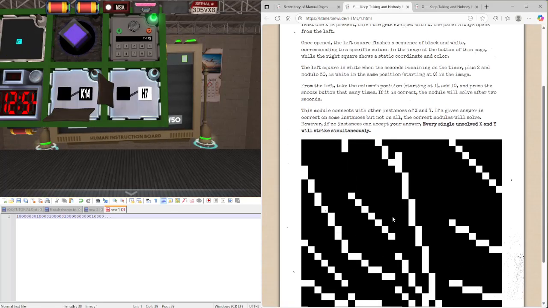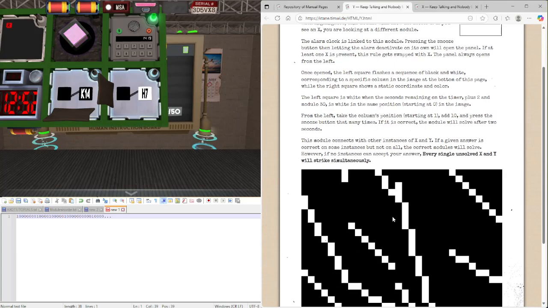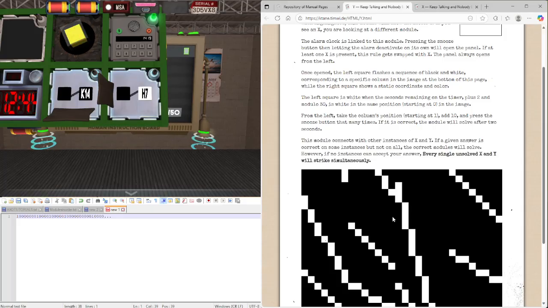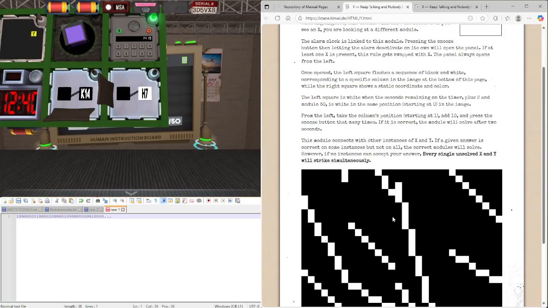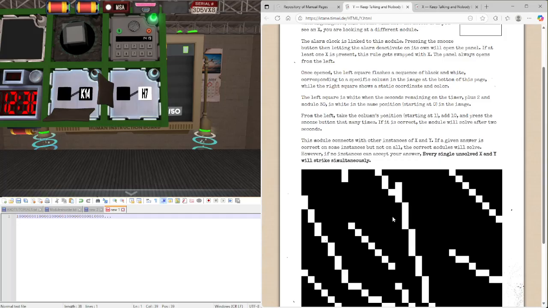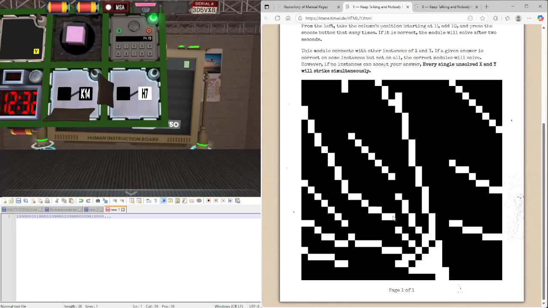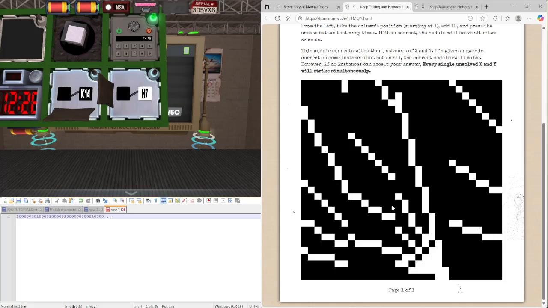Going up the column, right? Four. And again, 5, 1, 2, 3, 4, 5.